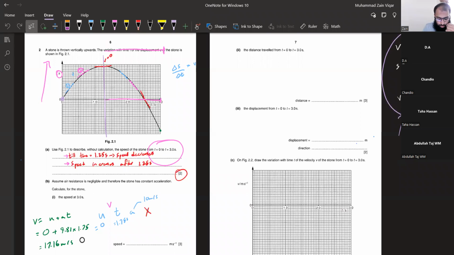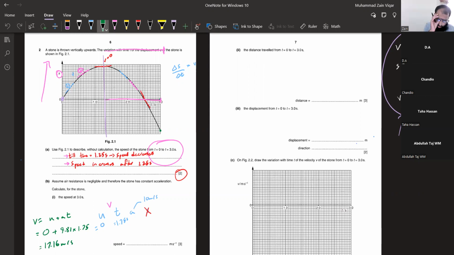The reason was I couldn't have used the tangent because the y-axis was not labeled. They just wrote s. I don't know if one block is equal to 10 meters per second, 20 meters per second, 100 meters per second. I have nothing. When I take the gradient, I write delta y over delta x. I can't write anything in x, so I can't use the gradient. Therefore, I go for the formulas.